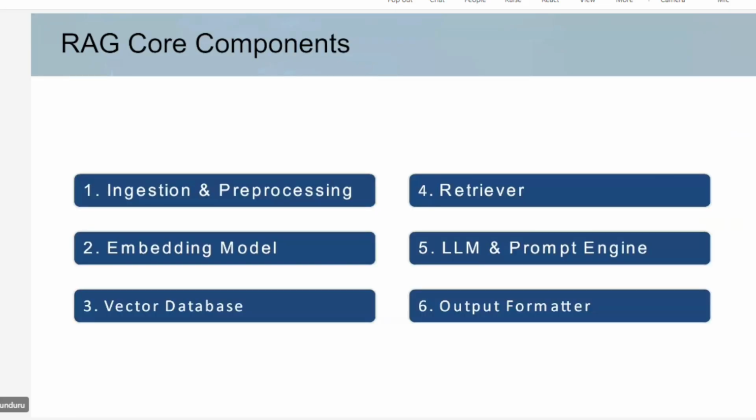RAG core concepts are something like ingestion, pre-processing, and the embedding model. Ingestion and pre-processing is identifying the appropriate data and making it into chunks, filtering the data, and removing the duplicates.